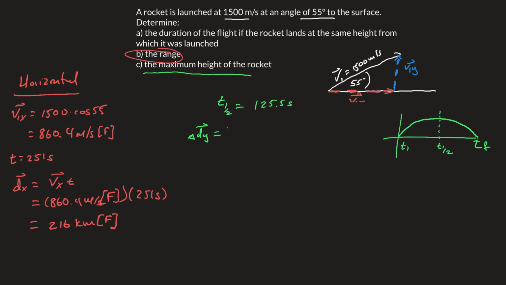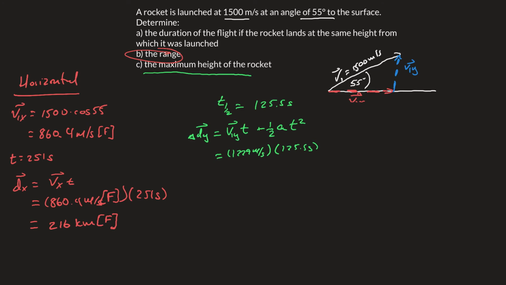So we're going to say that v1y times t plus 1/2 a t squared. Substitute all our numbers from the previous slide, which are all the vertical components. So 1229 meters per second. We know at least what half of the time should be. So 125.5 seconds.